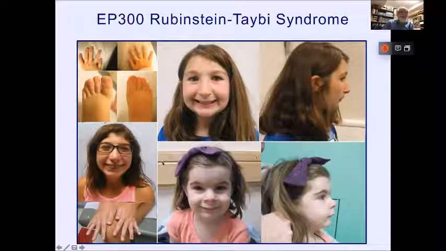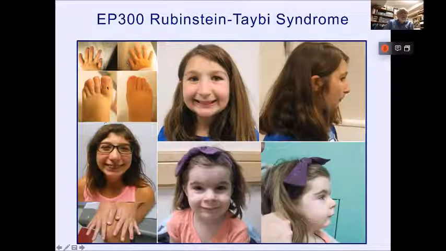This is Rubinstein-Taybi syndrome. It has a number of distinctive features. They have broad thumbs in general. It's more that the articulation of the thumb is abnormal. It flexes in odd ways. They often have somewhat small skulls, small heads. They have microcephaly as in CAT6A. They have a beak nose sometimes.